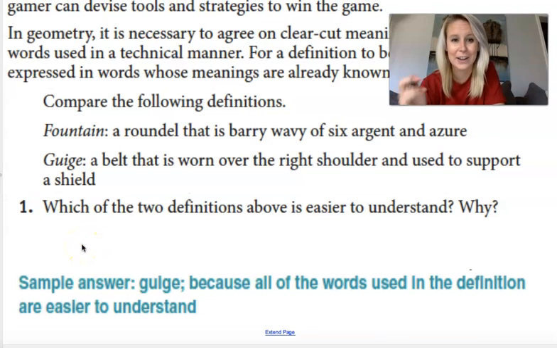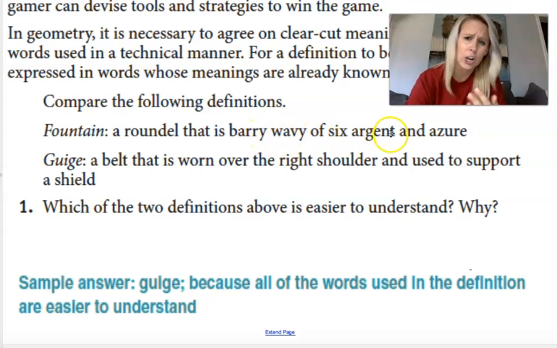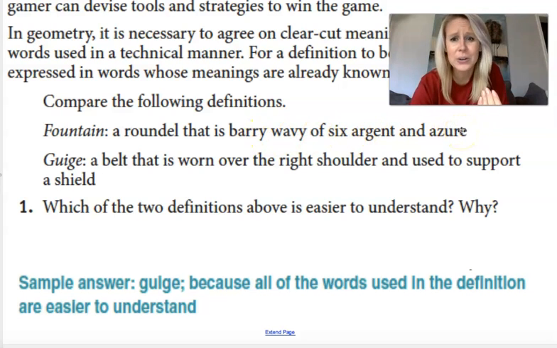How many of you guys thought a fountain was going to be the easier one to understand? I did, because we all know what a fountain is. But actually, the gauge definition was way easier to understand, and the reasoning of that was because we knew the words in that definition. We probably don't know what a roundel is or a berry of wavy, six, argent, and azure. We don't know what any of that means.